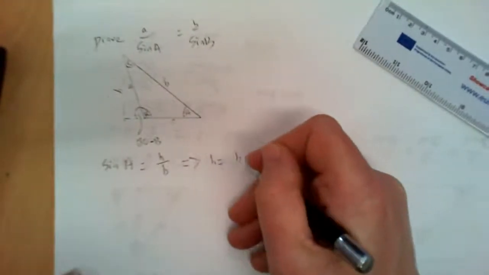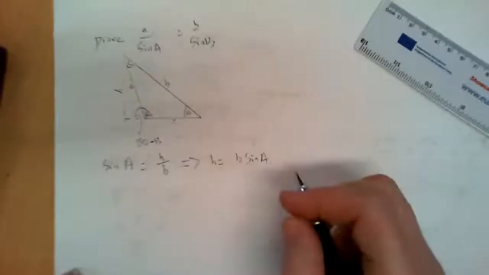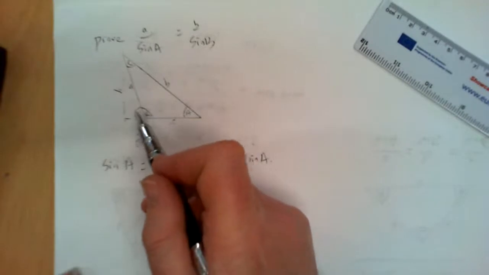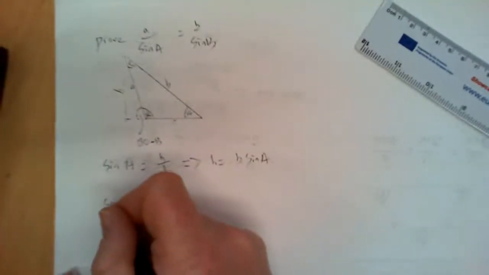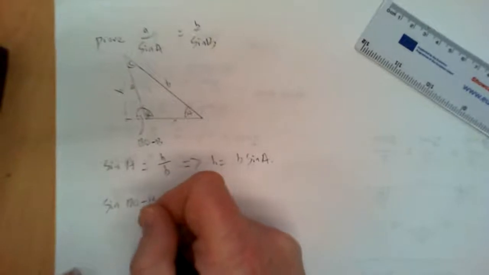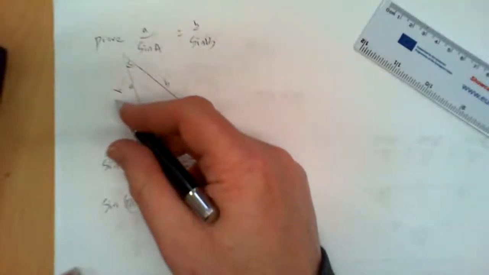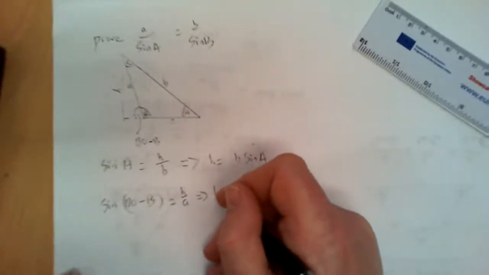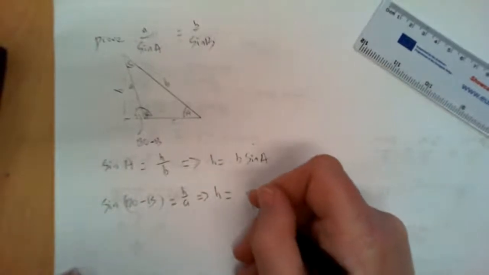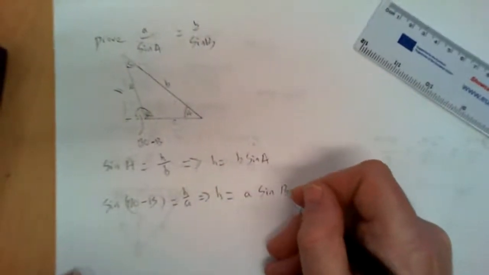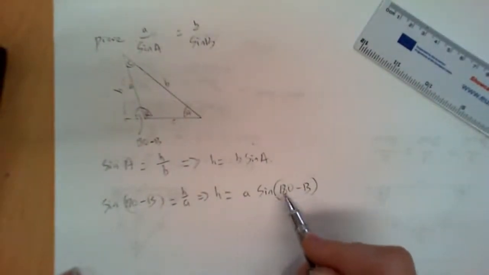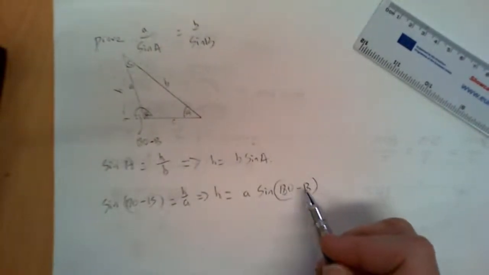H is equal to B sine A, just like before. But how are we going to work out the B one? Okay? We know for sure that the sine of 180 minus B is equal to H over A. That makes H equal to A sine 180 minus B. Okay, so you're thinking to yourself, how are we going to work this one out?